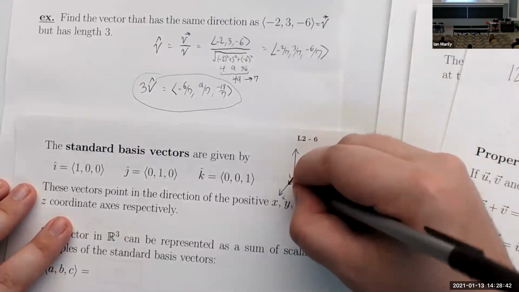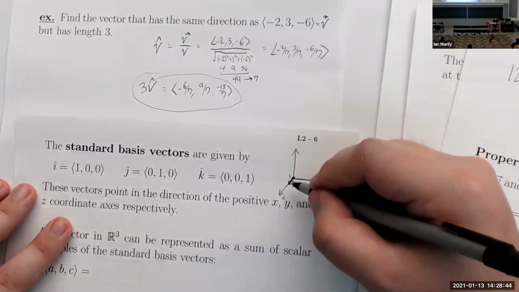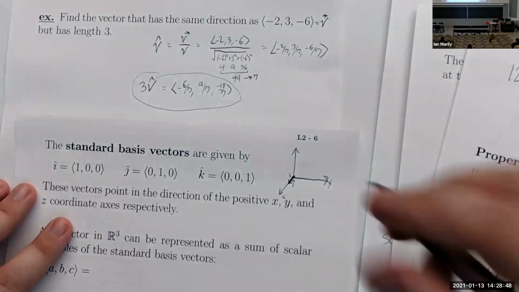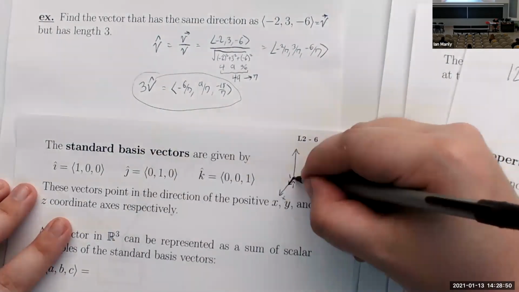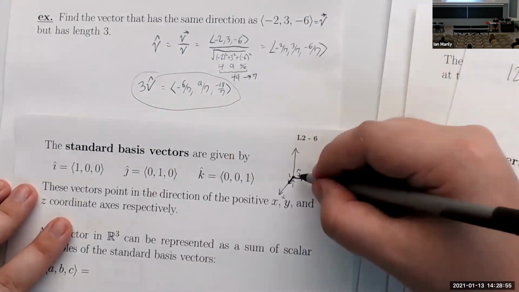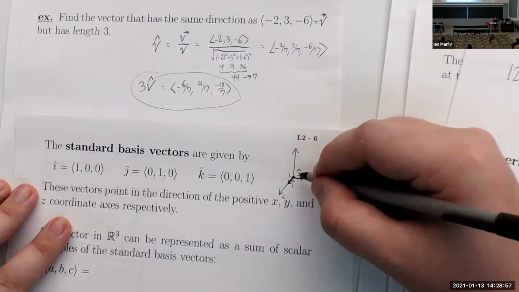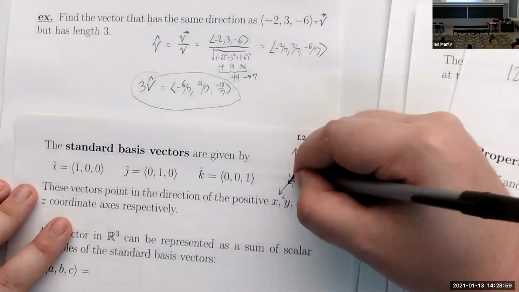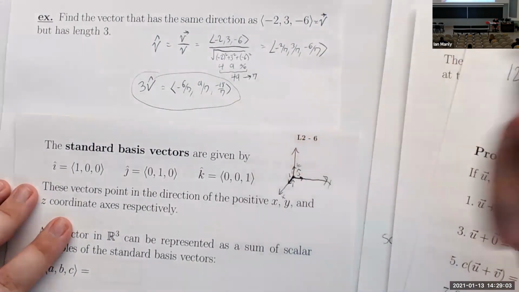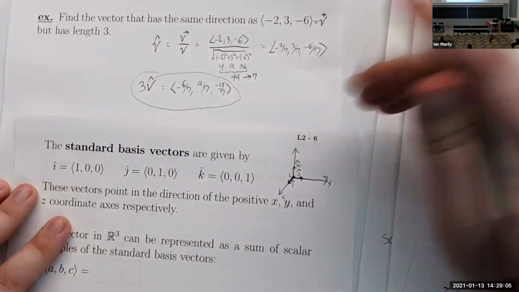This is i hat. And it's often written as i, but then rather than a dot, it just has the hat instead of the dot. And then in the same way, j hat is the unit vector in the y direction. It's written in the same way as i hat, where you just replace the dot with the hat. And then k hat is the unit vector in this direction.